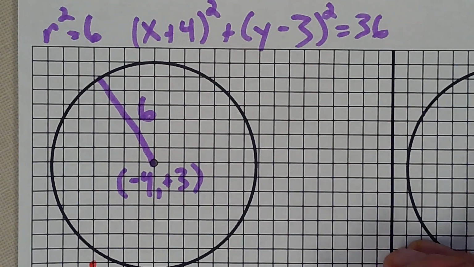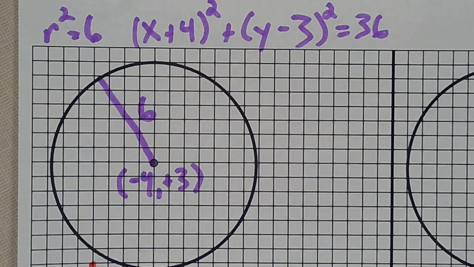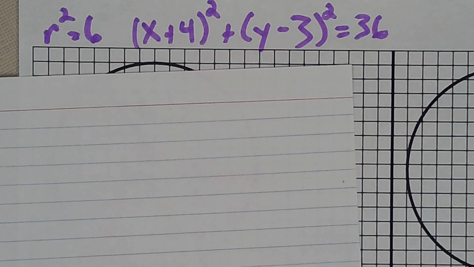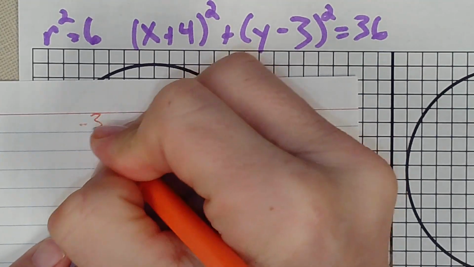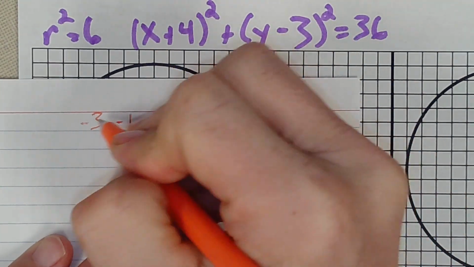All right, so then we'll look at another one. The next one we'll say is (-3, -1).